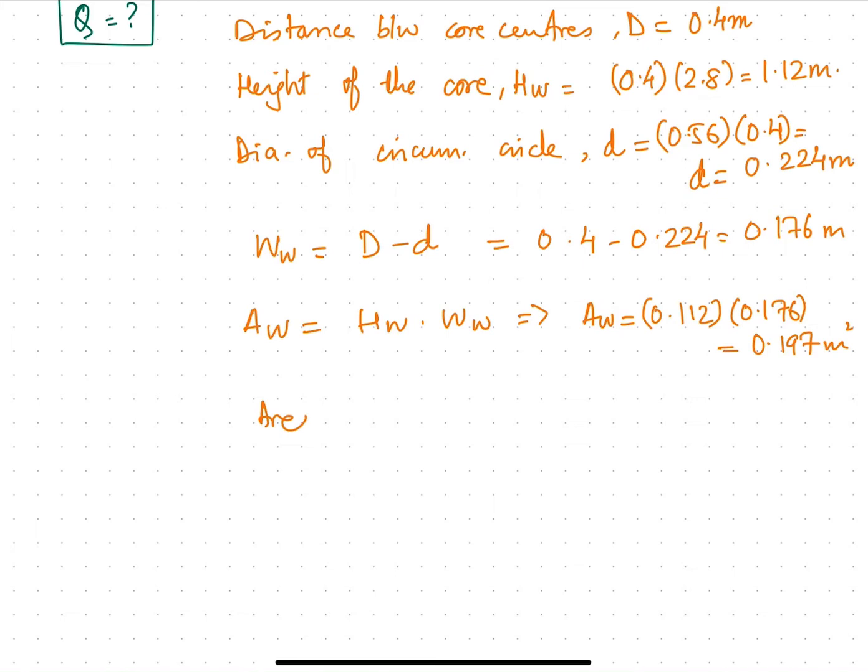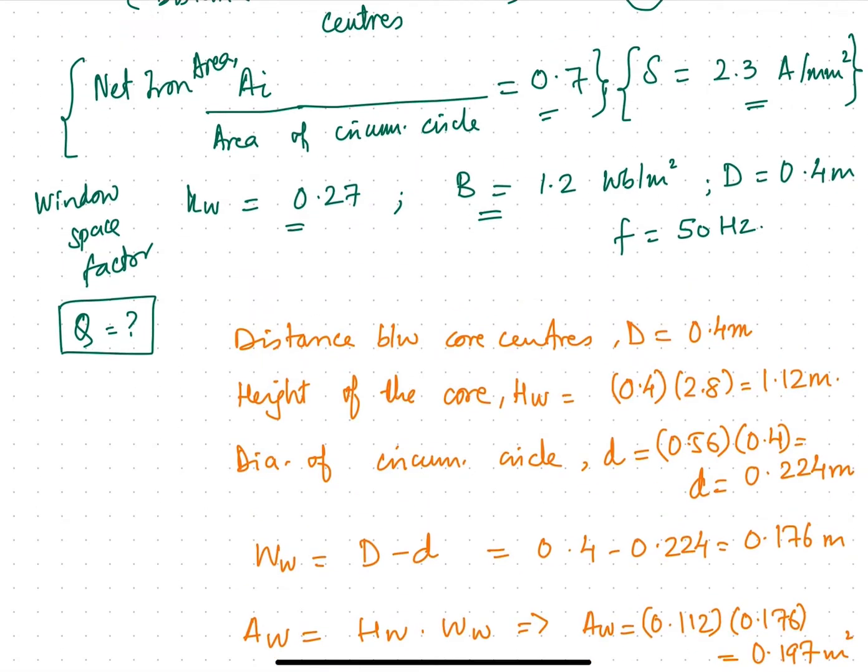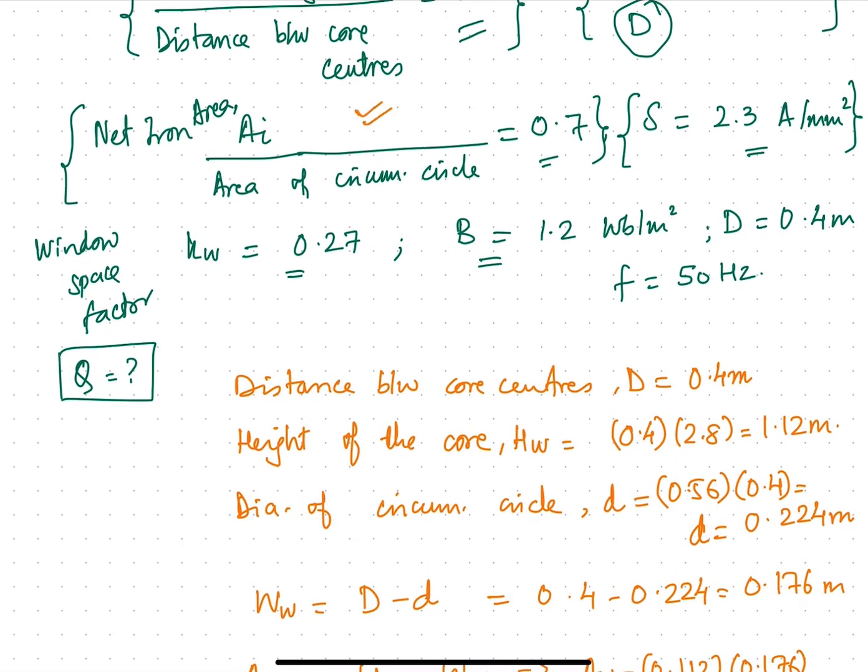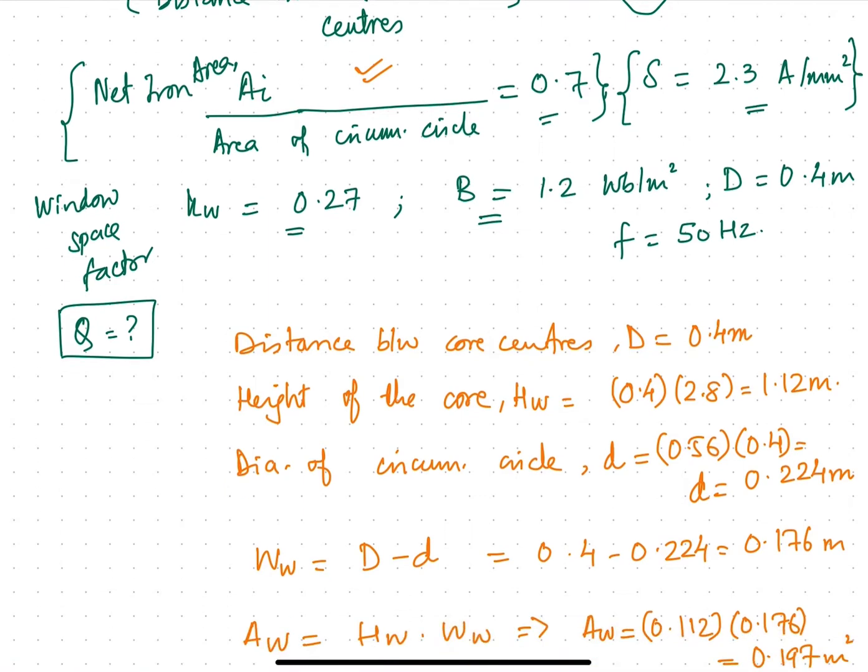The area of the circumscribing circle is pi by 4 d squared. So we already know d square, so this area is going to be 0.0394 meters square. Then we have this ratio, net iron area to the area of circumscribing circle, that is given to us to be equal to 0.7.